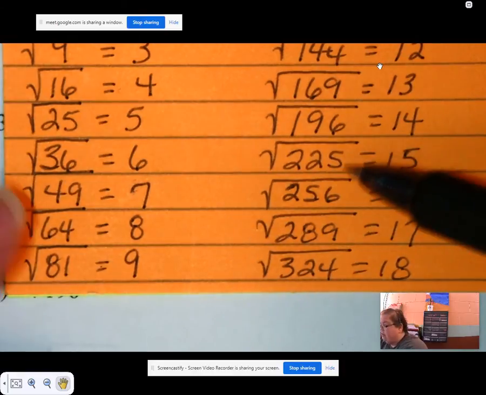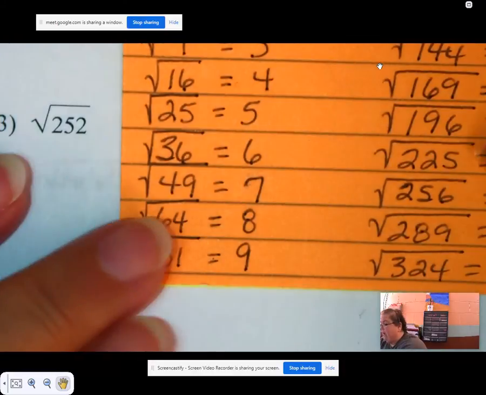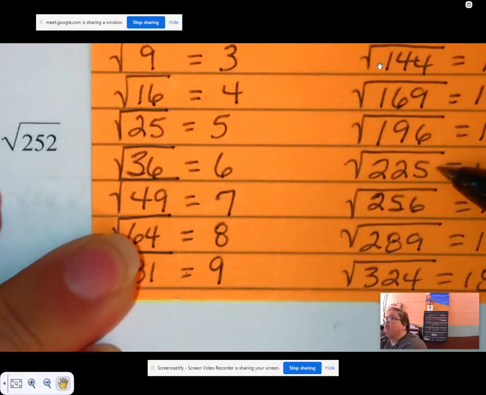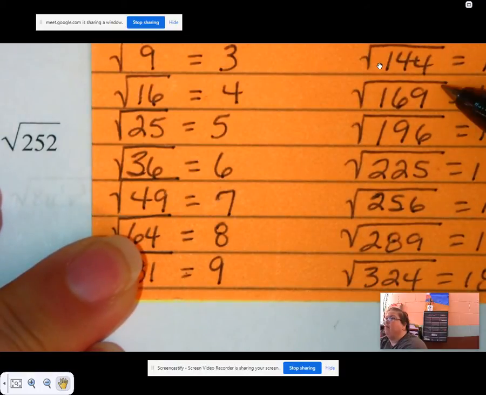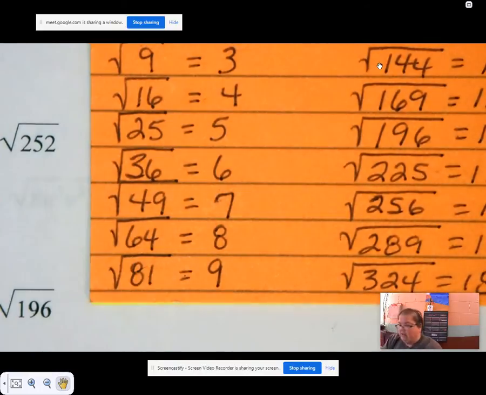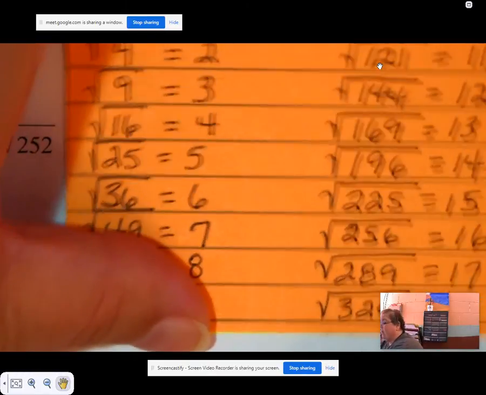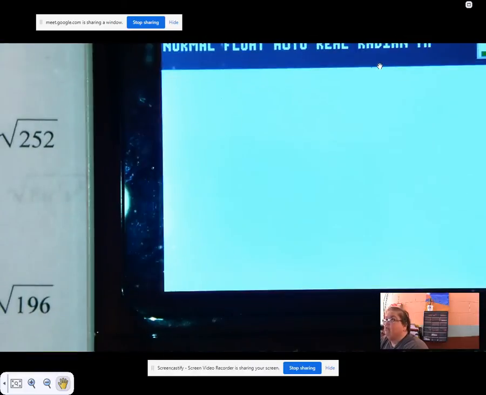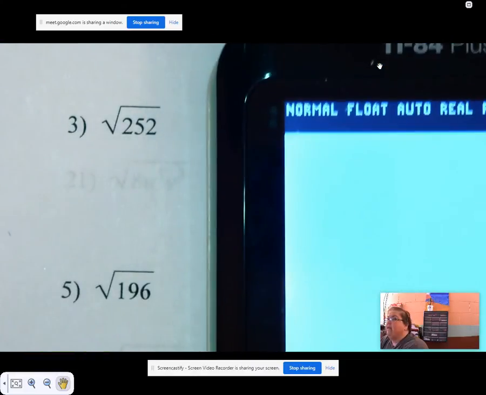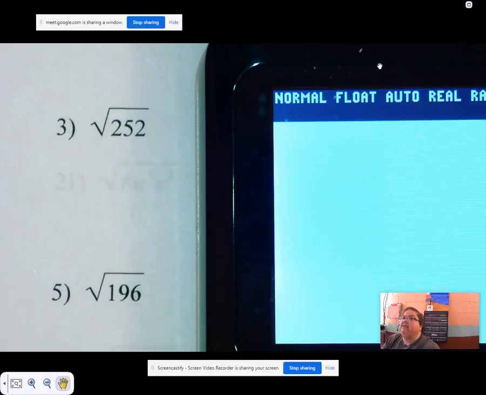So for 252, I could start dividing by 225 and work my way up. Okay? So we are going to do that until we catch on that we don't need a number that big. But that's okay. Here we go. So what I do is I've got this sitting here, and I'm dividing by the root. So here we go.